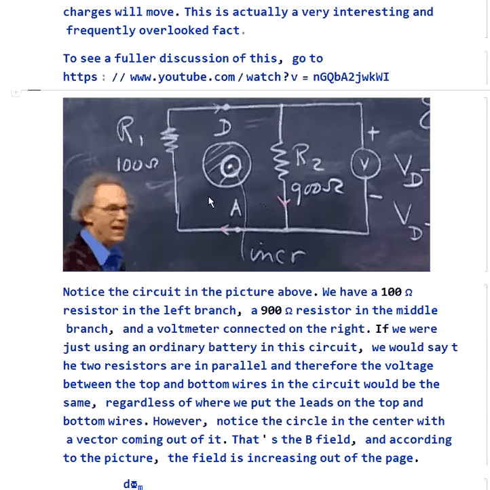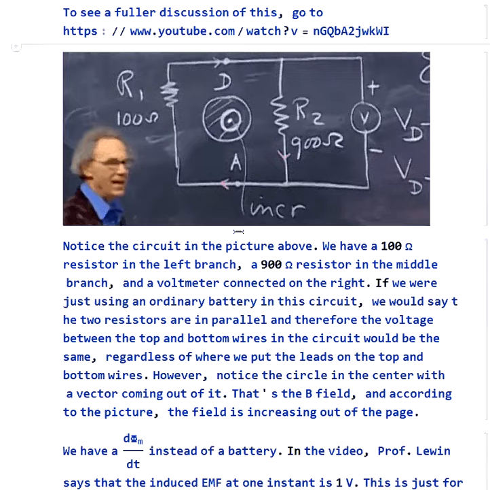Now, if instead of this we put a battery here somewhere instead of the solenoid, we would get the same voltage across each resistor. They're in parallel in that sense, and we know we get the same voltage across each. Now, since there's not a battery, but instead this solenoid with the changing B field, we're going to see something very different.